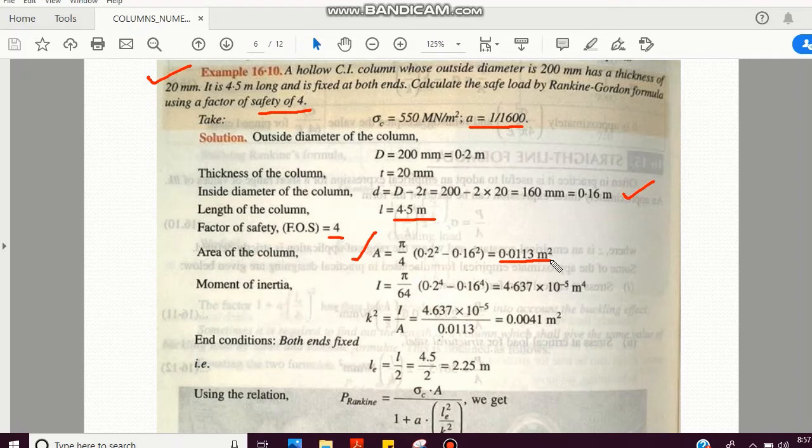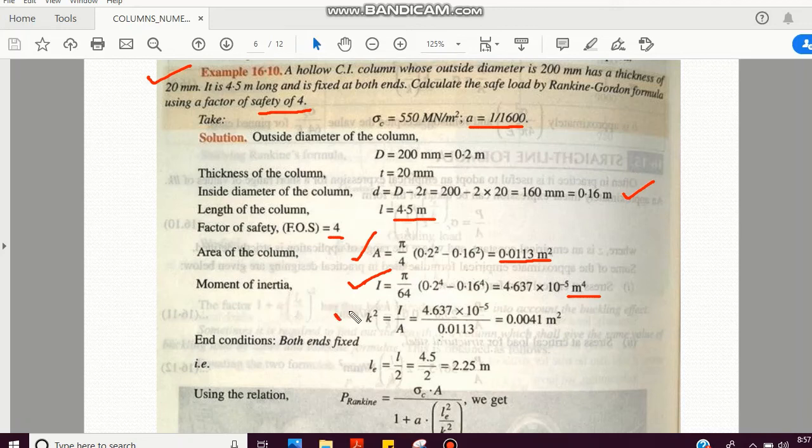The moment of inertia is pi by 64, capital D to the power 4 minus small d to the power 4, that is 4.637 into 10 to the power minus 5 meter to the power 4.